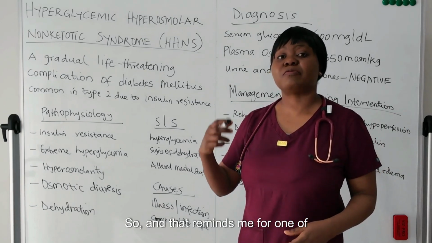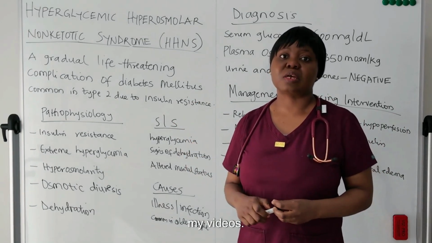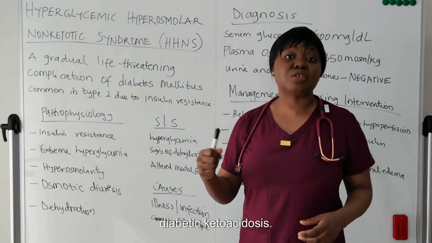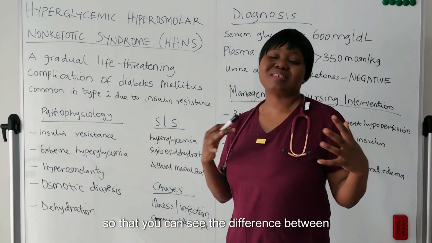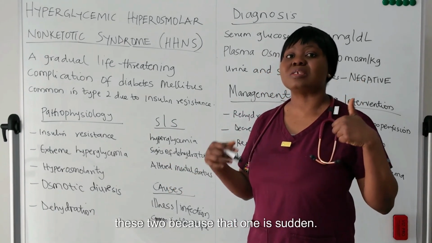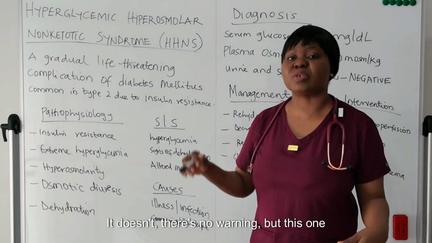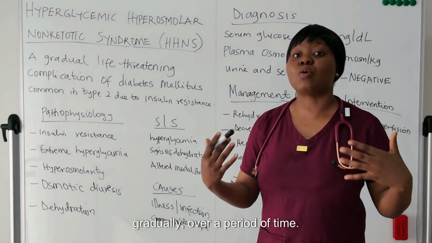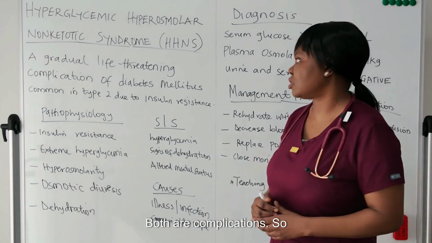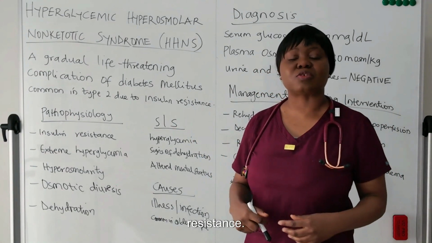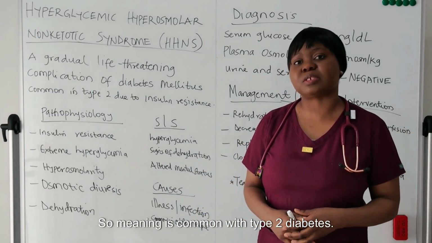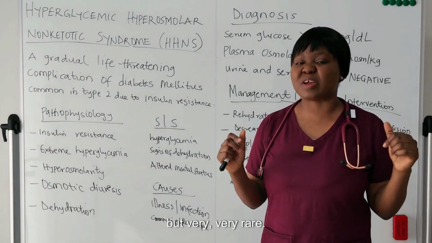That reminds me, for one of my videos on diabetic ketoacidosis, if you have not watched it, you can go back and watch it so that you can see the difference between these two, because that one is sudden. There's no warning, but this one happens gradually over a period of time. Both are complications. So this condition is due to insulin resistance, meaning it's common with type 2 diabetes. It's not like you can't see it in type 1, but it's very, very rare.